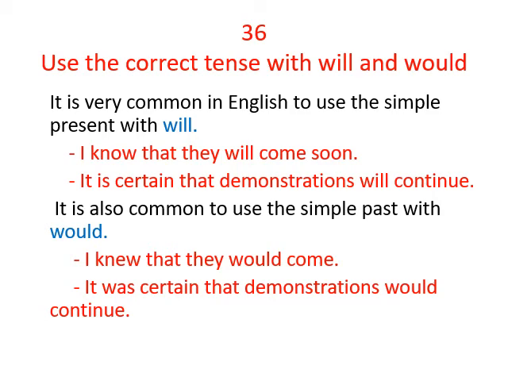وزي ما انتوا شايفين will and would بستعمل معاهم the base form of the verb اللي هو زي ما بتقولوا infinitive المصدر. ما بقولش إذا كانت he مثلا مش هقول I knew that he would come. لا. will and would حاجة اسمها models هنعرف عنها بعدين بشوية. دول بيجي الفعل بعدهم في المصدر زي verb to be وزي do وزي كده. طيب it was certain that demonstrations مادام قلت it was certain مش it is certain يبقى أقول would.